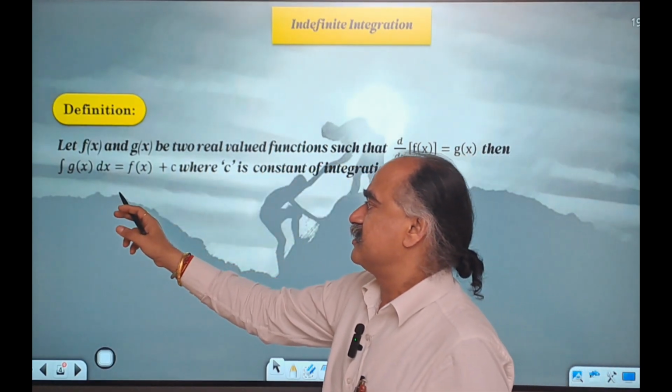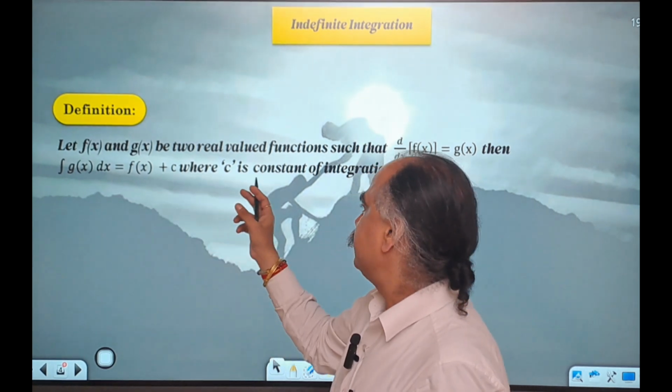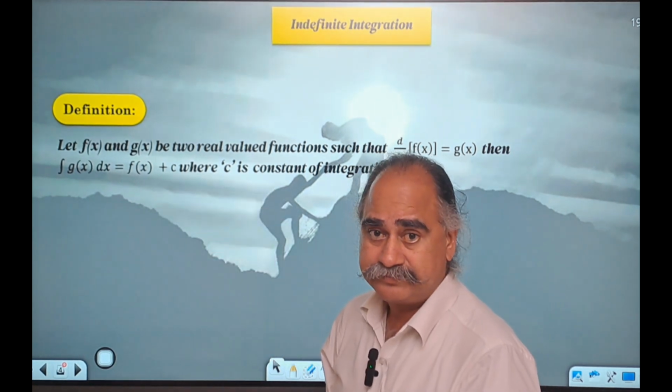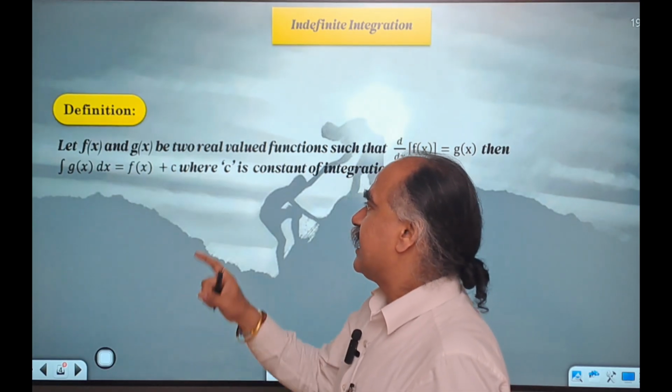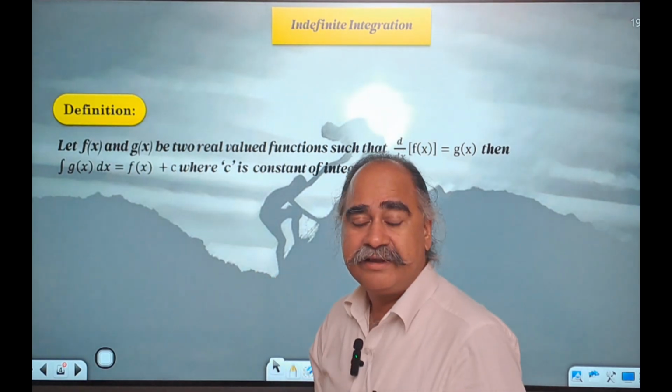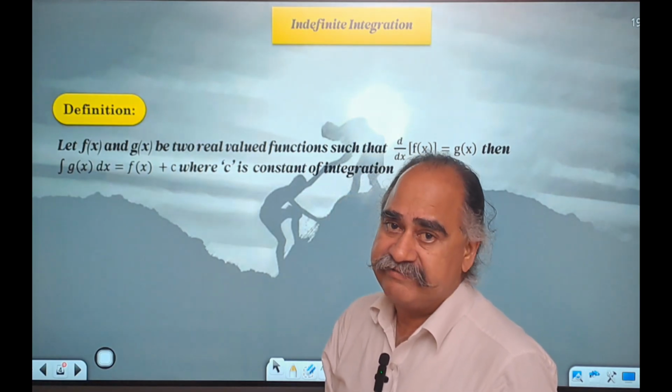Then integral g(x) with respect to x is f(x) plus c, where c is constant of integration. Now before moving further, I'd like to explain why we are adding c and why it is called antiderivative.